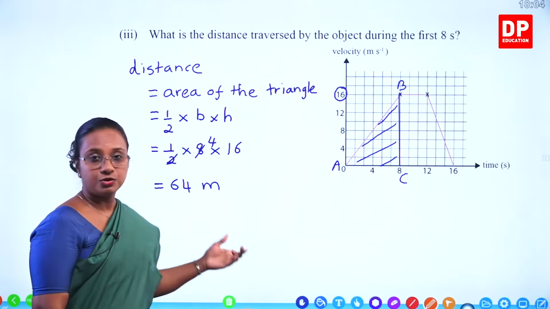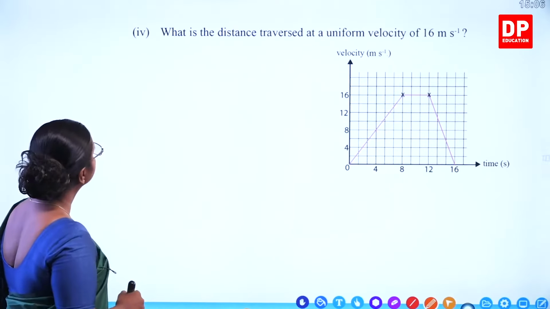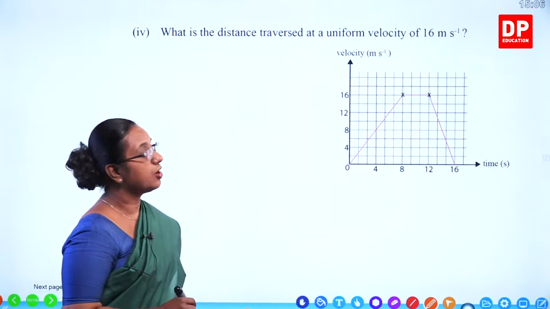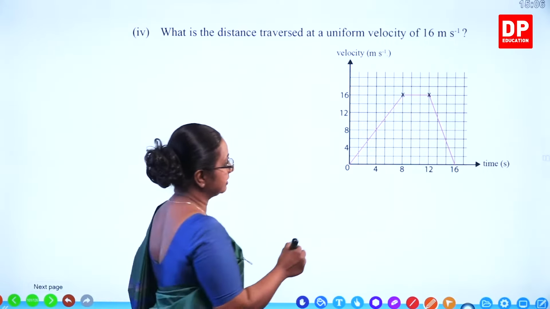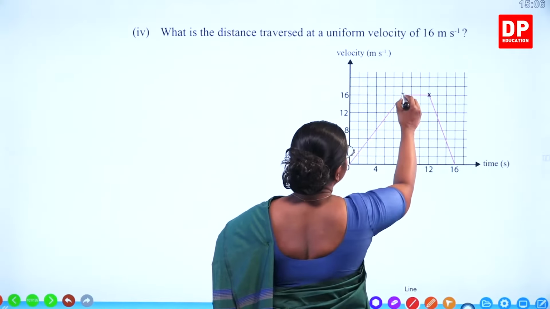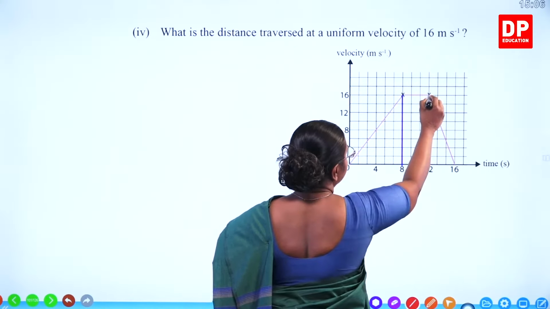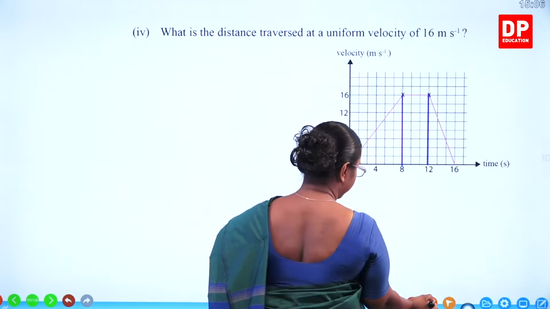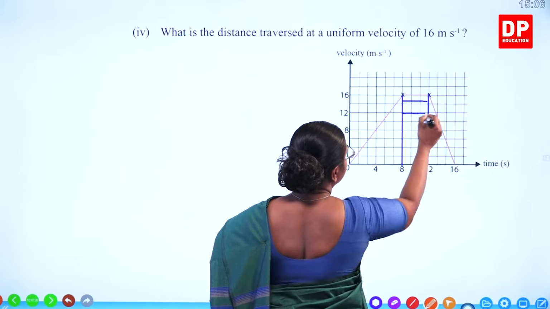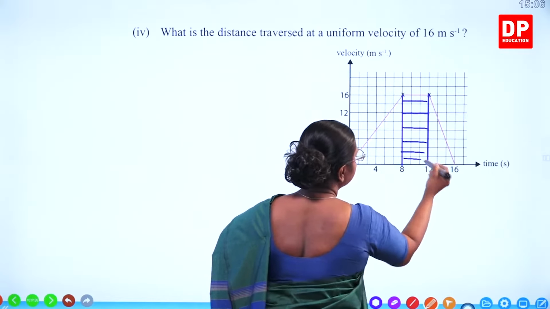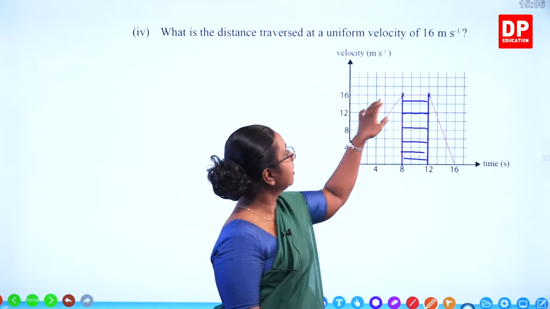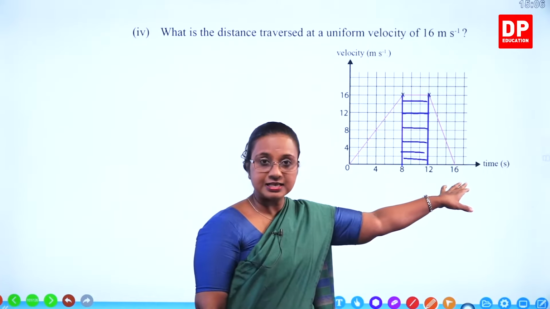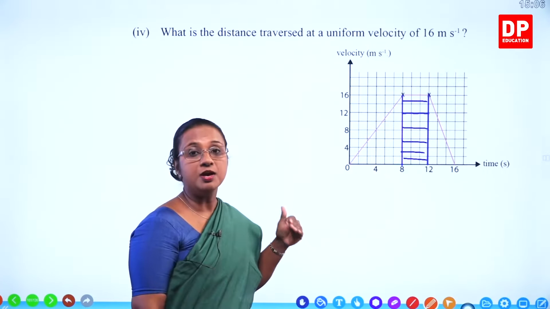Now we will go to the next part of the question. What is the distance traversed at uniform velocity of 16 meters per second? That is going to be this part of the graph where you have a graph parallel to the x-axis. We will have to calculate the area covered by this part of the graph. Normally, when the velocity time graph is a straight line parallel to the x-axis, it is a uniform velocity.